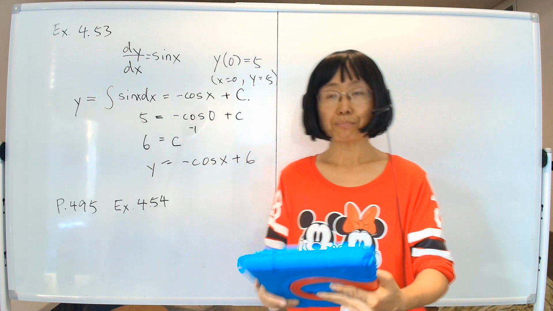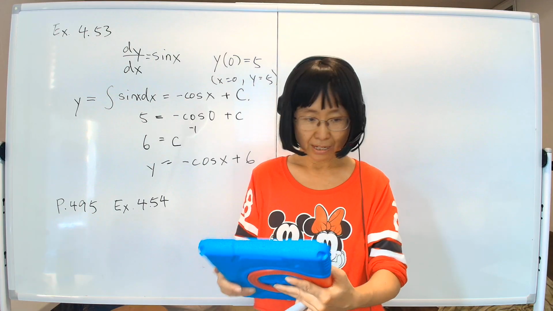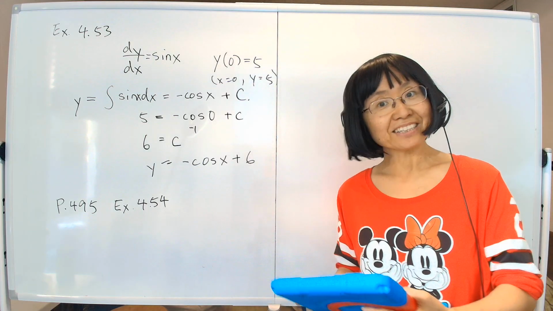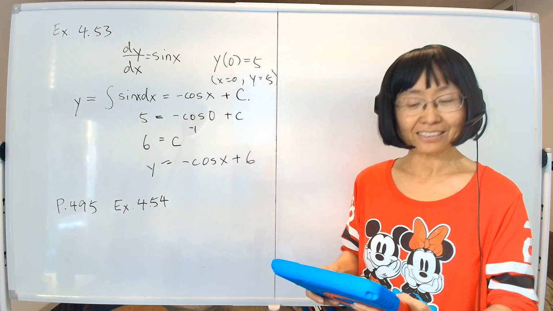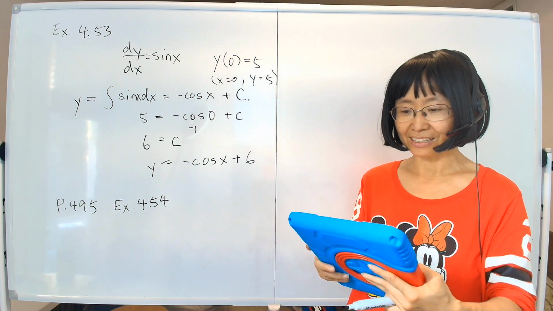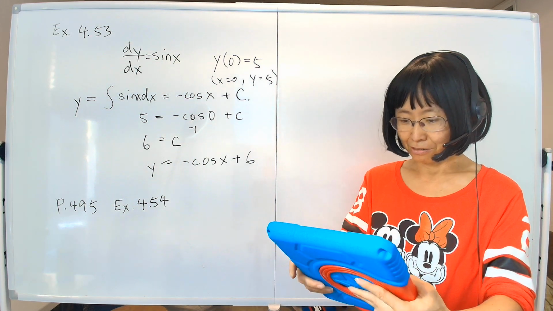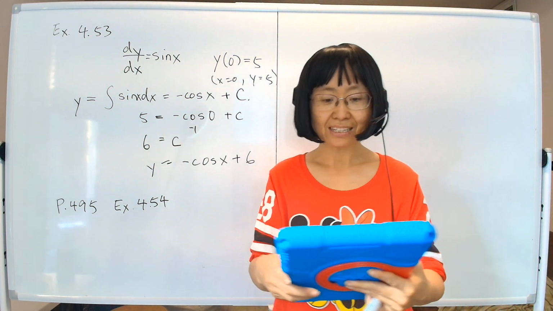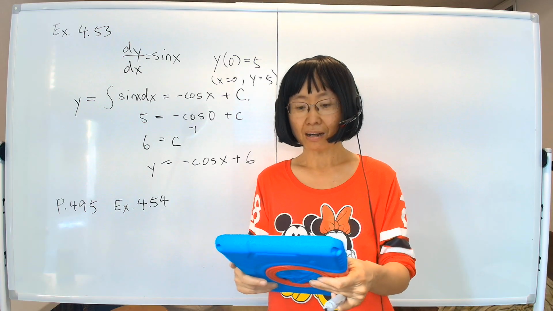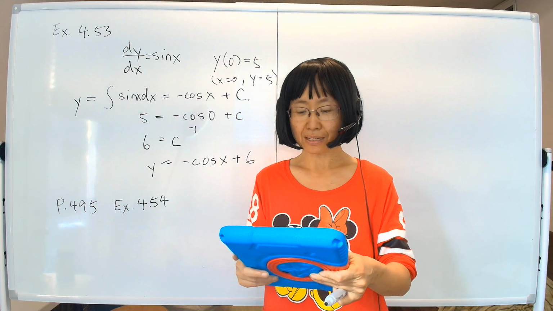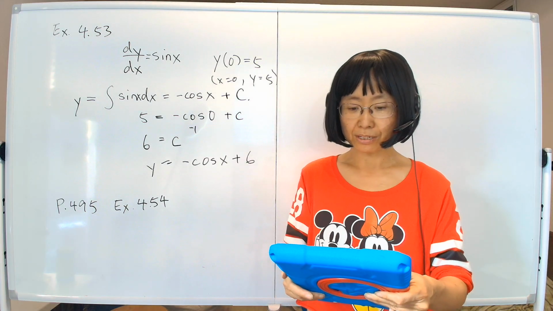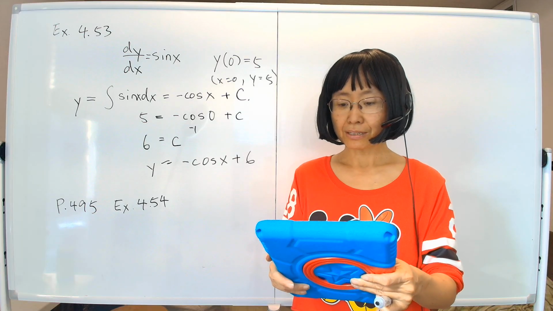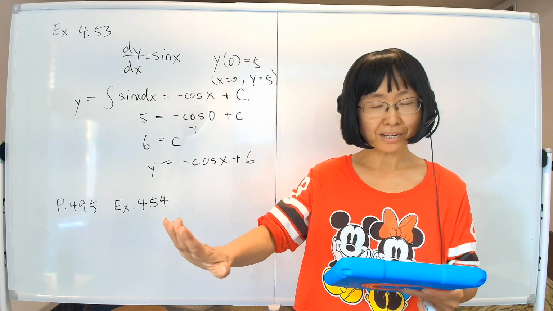Let's look at example 4.54. Now it is a neat little example to show how the antiderivative and the initial value work. So let's read the problem. A car is traveling at some fixed speed, 60 miles per hour or 88 feet per second, and then the car puts on the brakes.